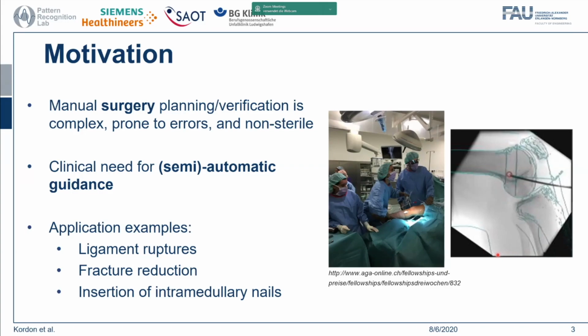Of course, the surgery result is usually verified, and for that, usually an X-ray image is used. But right now, this is usually done manually by the surgeon. This is rather complex, time-consuming, prone to errors, and also forces the surgeon to leave the sterile environment to interact with the planning software.